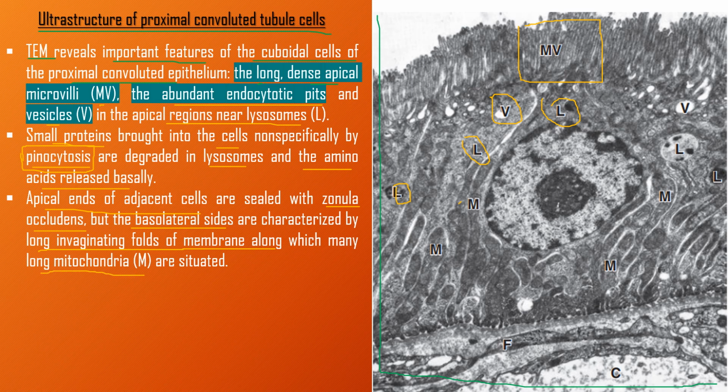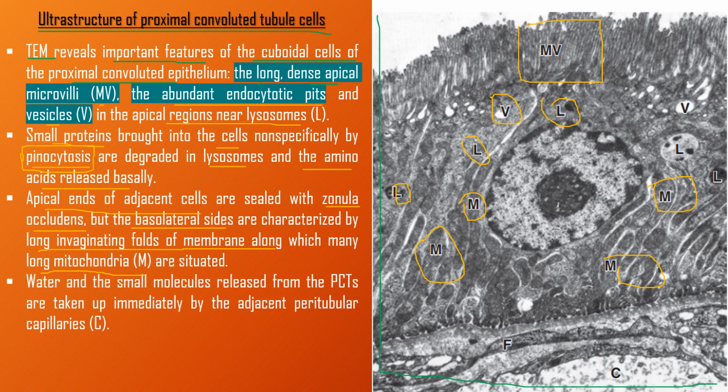As you can see, these are the mitochondria. Water and small molecules released from the PCT are taken off immediately by the adjacent peritubular capillaries. As you can see, these are the peritubular capillaries.